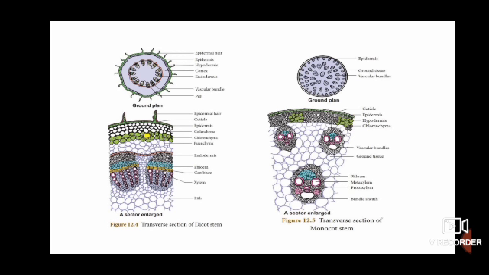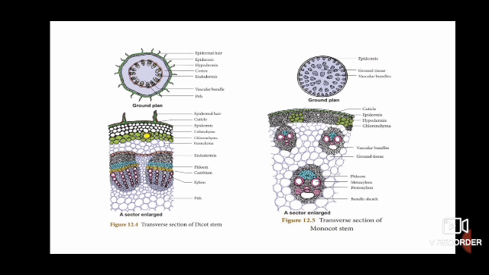The hypodermis is just beneath the epidermis. The ground tissue here consists of 3 to 4 layers of thick-walled compact sclerenchyma cells. So, in the ground tissue that is just beneath the epidermis, the hypodermis is made up of sclerenchyma cells, 3 to 4 layers of thick-walled compact sclerenchyma cells.